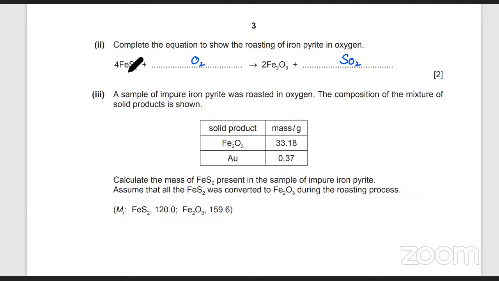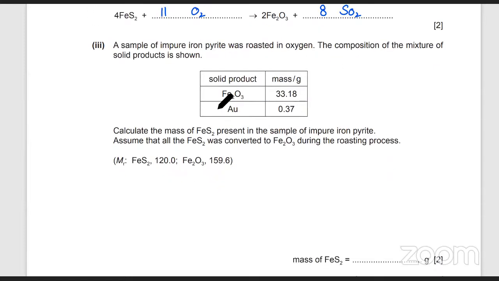You've got 8 sulfurs here, so there's going to be 8 sulfur dioxides. So how many oxygens do you have? 6. Or you could say that's 16. 6 plus 16 is 22 oxygen. So that's going to be 11 O2.